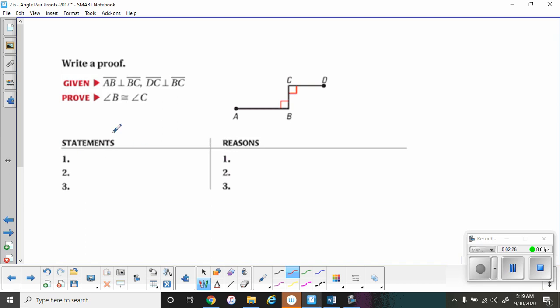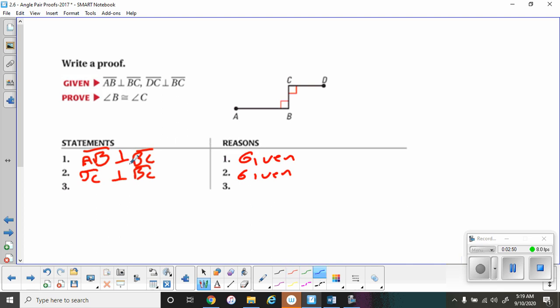I usually write it how it's written, so here I would go AB is perpendicular to BC. That's given. DC is perpendicular to BC. That's given. So this one we're going to have more than 3.